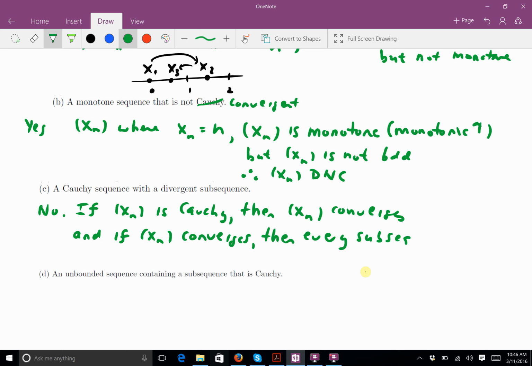Every subsequence of xn must converge. And I think that was a theorem that you had earlier. That's an important theorem.